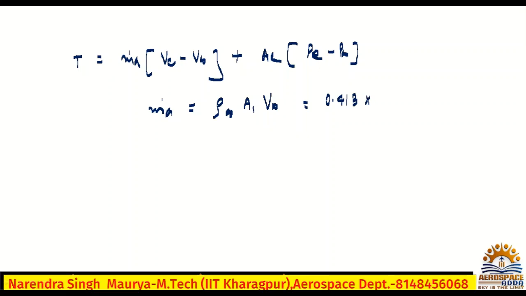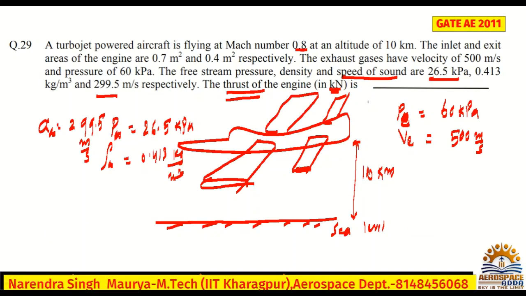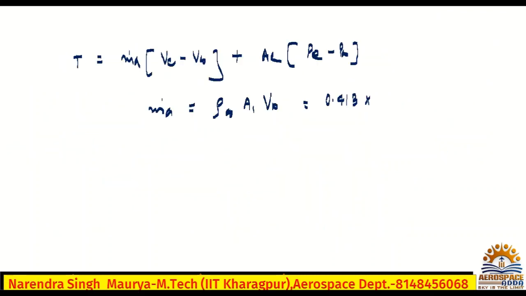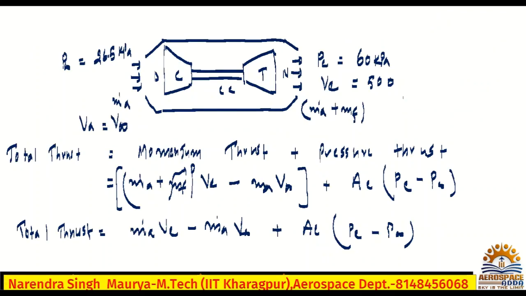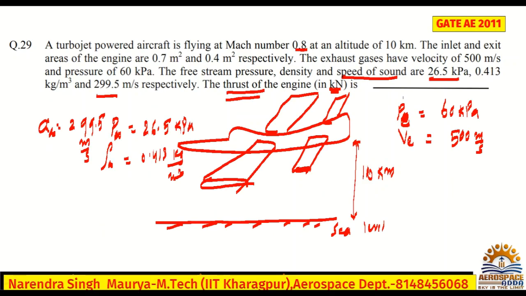What is the inlet area they have given to us? The inlet and exit. Inlet is 0.7, into the velocity at inlet. They have given the Mach number and the speed of sound, so no problem, you can calculate the velocity.